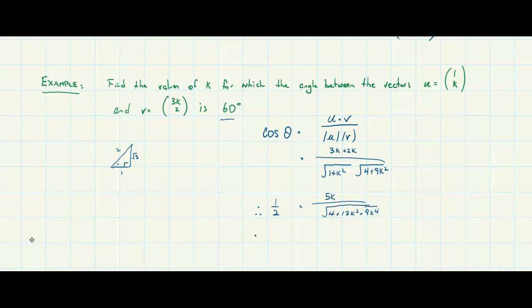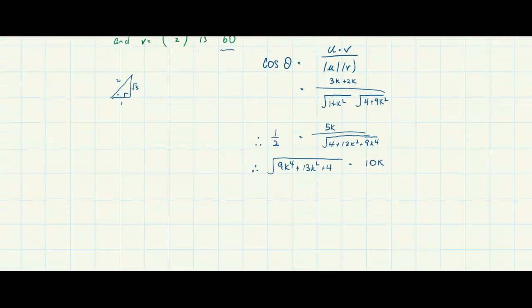Okay, let's see what we have now. So if we look at the square root, it's 9k to the power of 4 plus 13k squared plus 4, and that's going to be equal to 10k. This might turn out to be a GDC exercise. Squaring both sides, 9k to the power of 4 plus 13k squared plus 4 has to equal 100k squared.